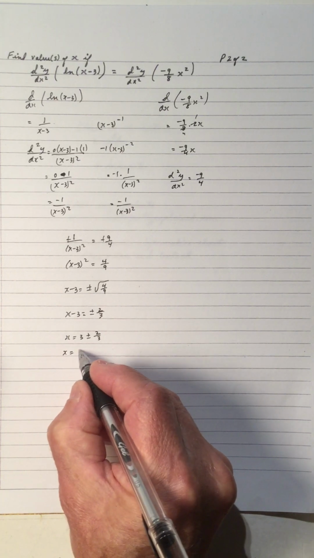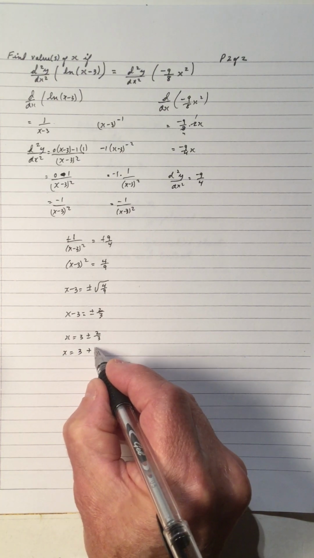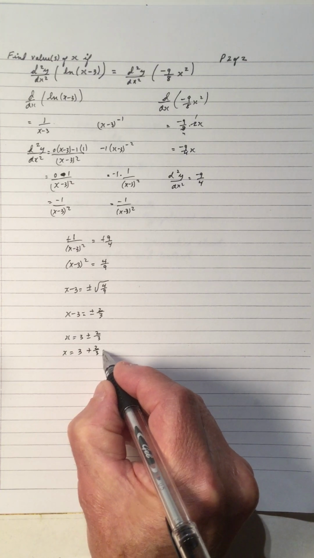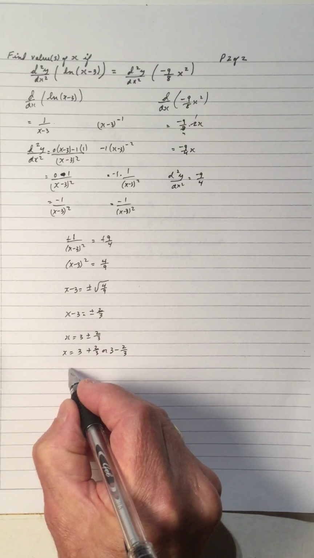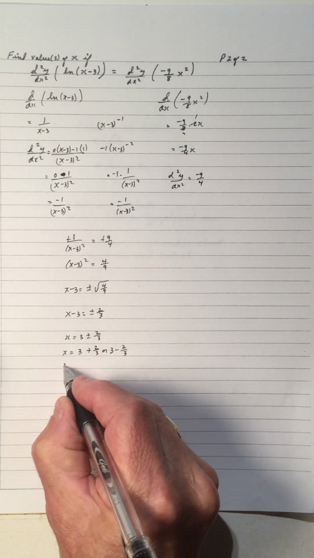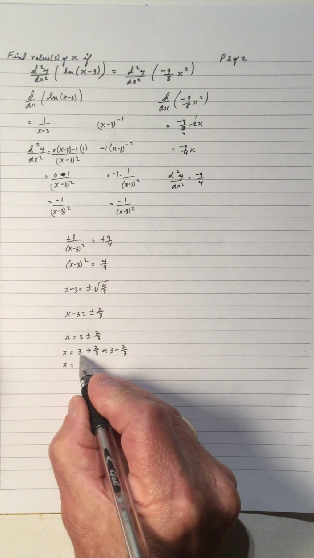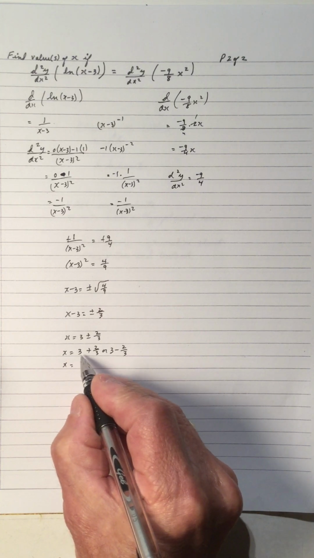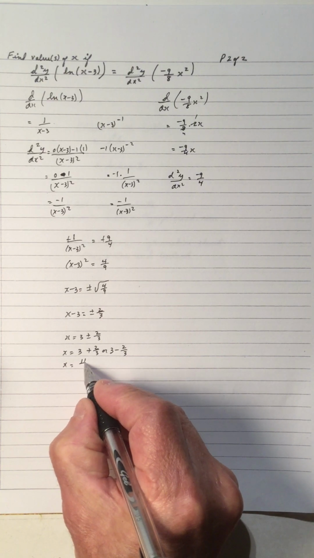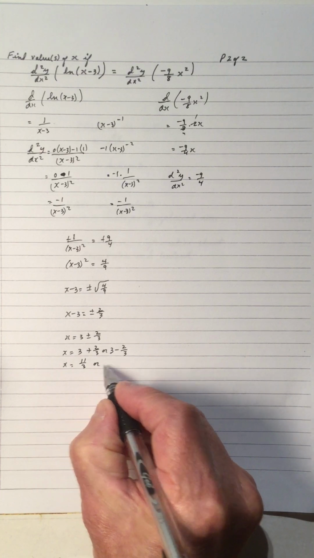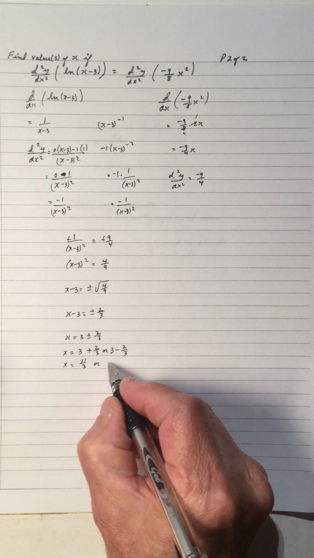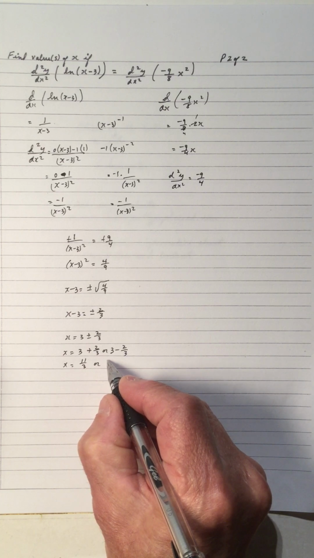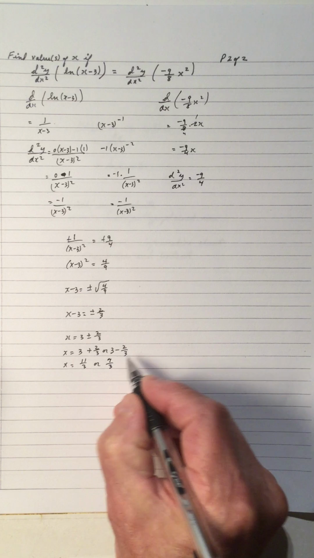So x is equal to 3 plus 2/3, or 3 minus 2/3. So 3 plus 2/3 is 3 and 2/3, which is 11 over 3. And 3 subtract 2/3 is 2 and 1/3, which is 7 over 3.